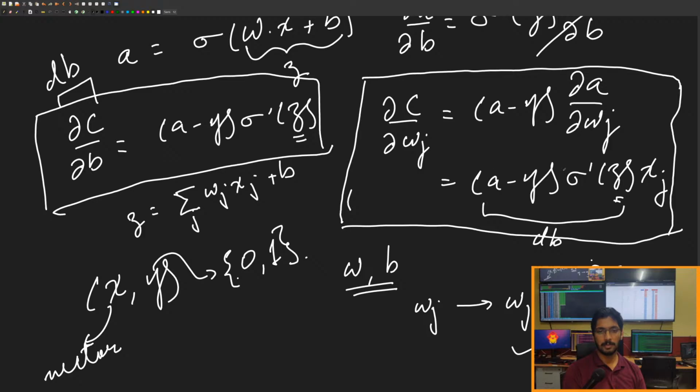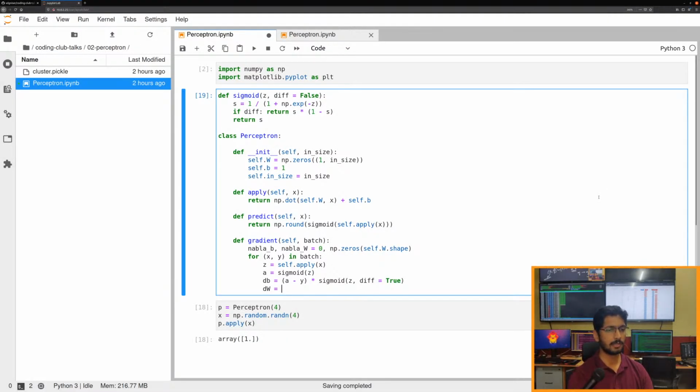So db is going to be a number because a is a number, y is a number, sigma prime z is a number. And this xj, this kind of looks like just a scalar multiplication, right? We're multiplying each component of the vector x by a scalar. So that is what we'll do here. So dw is the scalar db times x.